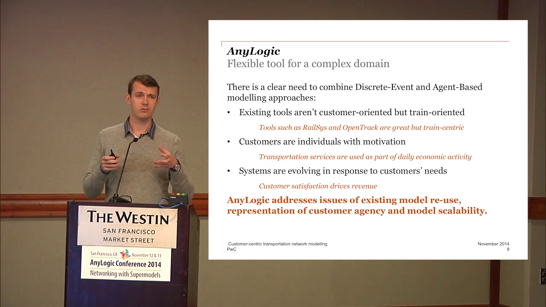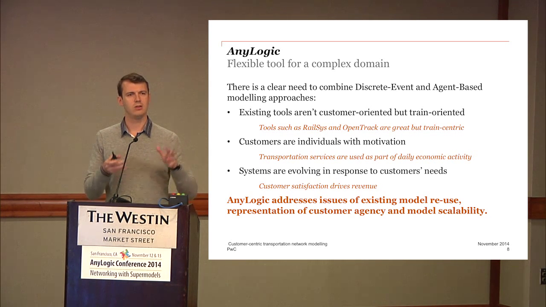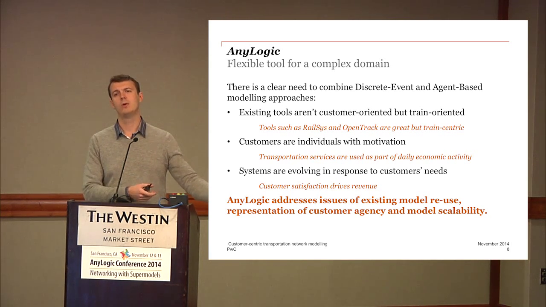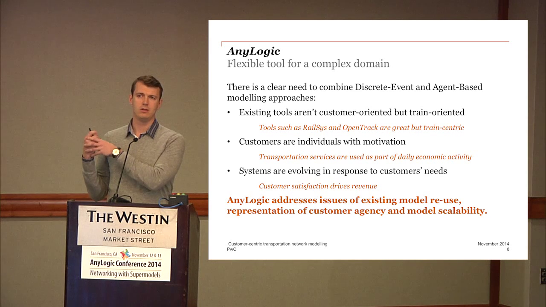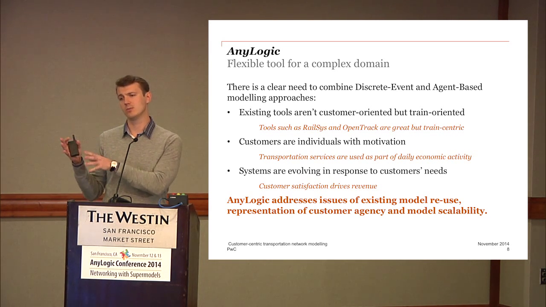And AnyLogic is really excellent at that, because it allows you to mix the existing engineering knowledge represented using the discrete event paradigm and the new wave of knowledge, which is customer behavior and customer choices.